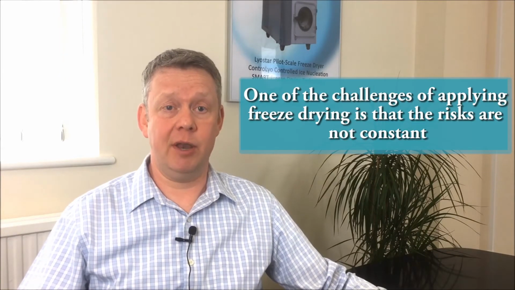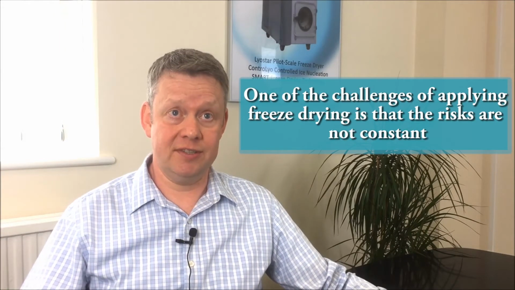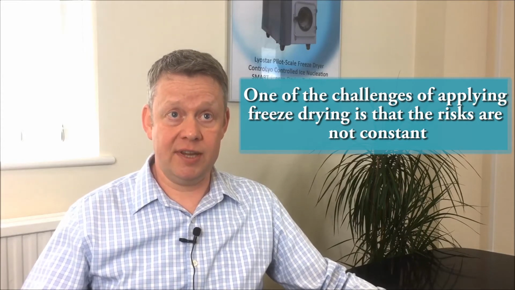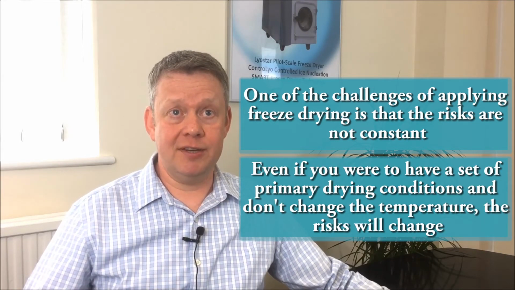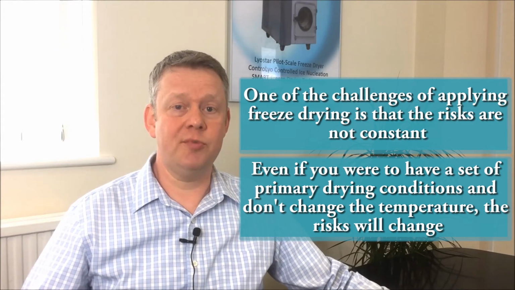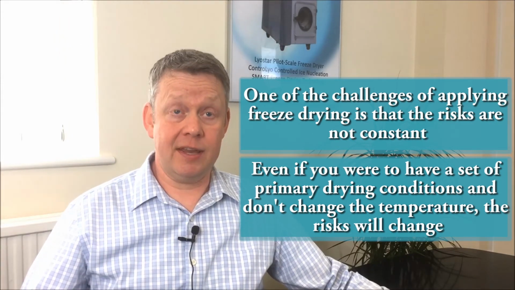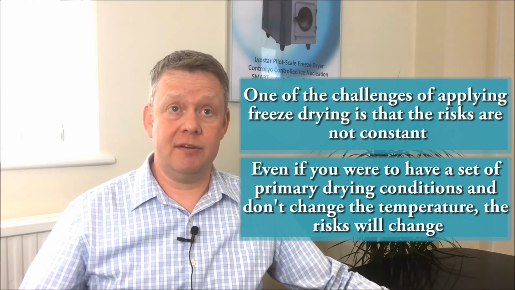So freeze drying is quite a complex process, and one of the challenges in applying it is that the risks are not constant throughout the freeze drying process. In fact, even if you have one set of primary drying conditions and you don't change the temperature or pressure at all, the risks during that time will change, because there are things that are happening to the product; resistance is going up.